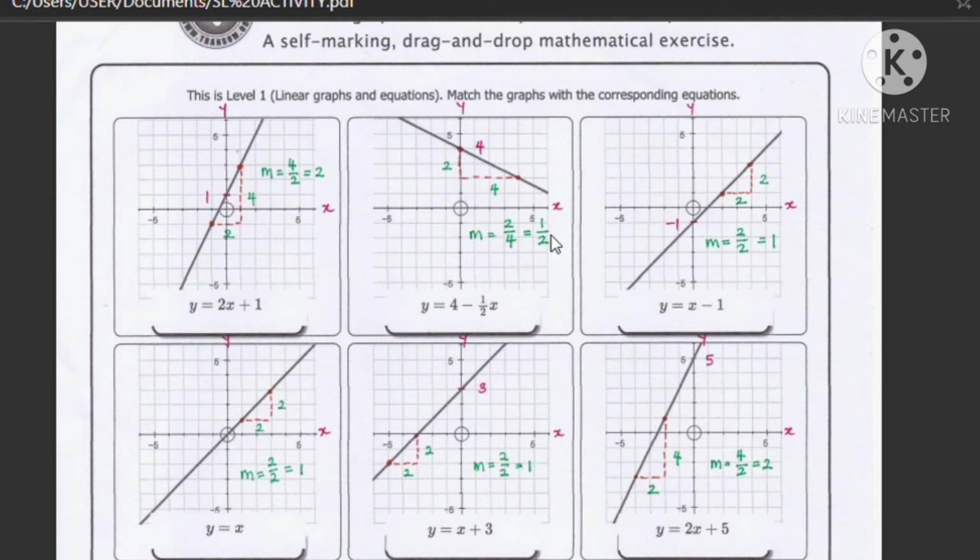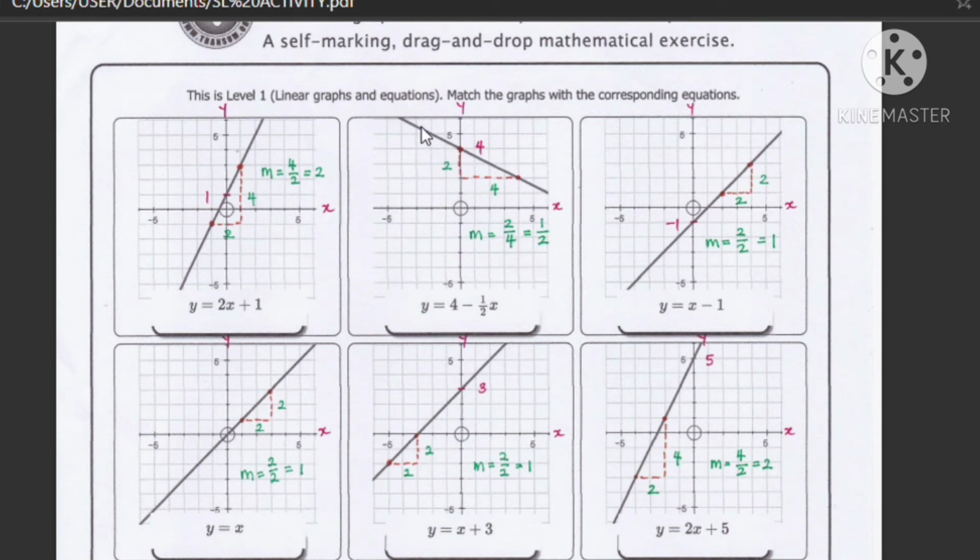So the gradient would be negative 1 over 2, where the straight line is going downwards. How do you find the gradient? You draw this triangle here to get the gradient. The rise is 2 over the run 4, and you will get 1 over 2. You see the graph is going downward.